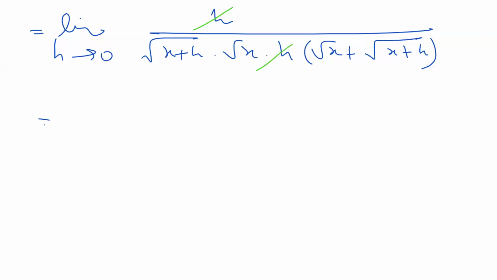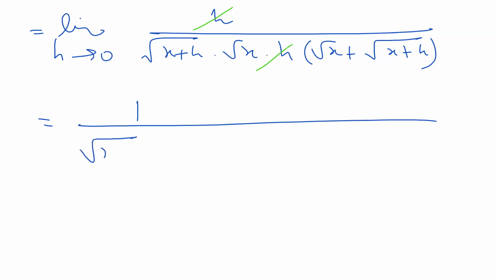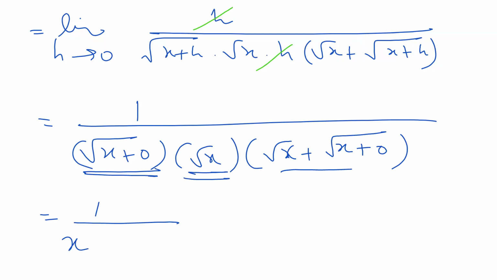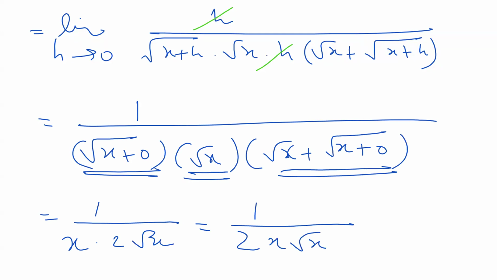Now we can put the value of h as 0, because when you put h as 0 in the denominator, now it will not be entirely 0. So root x into root x is x, and root x plus root x is 2 root x. So 1 upon 2 x root x. That is the answer.